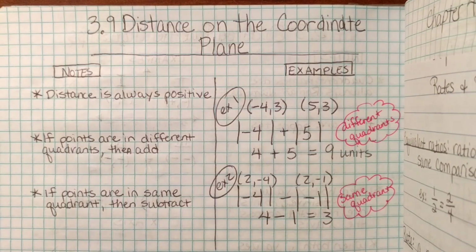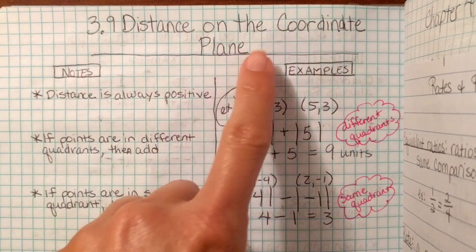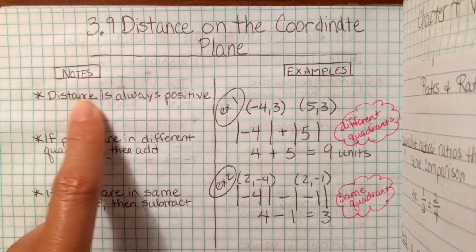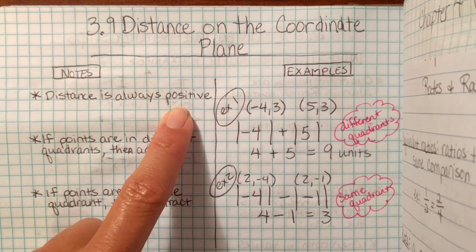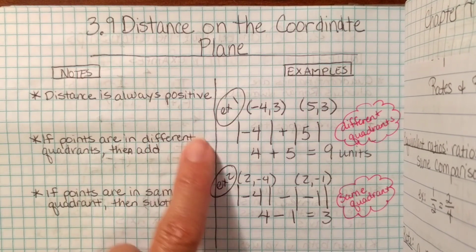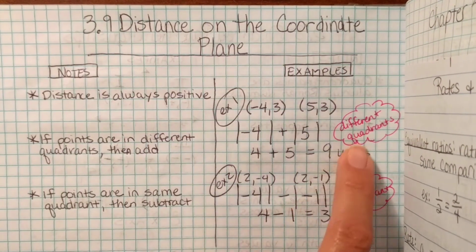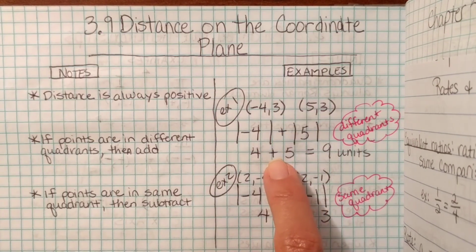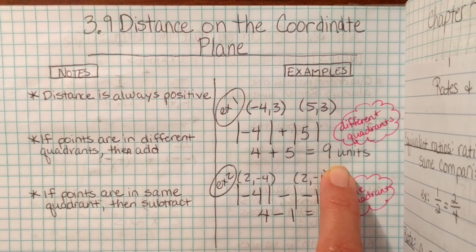Okay, so our notes. 3.9 distance on the coordinate plane. Here are our notes. Distance is always positive. It never comes out negative. So here are some examples. If they're in different quadrants, you get to add the two absolute values together to get your answer.